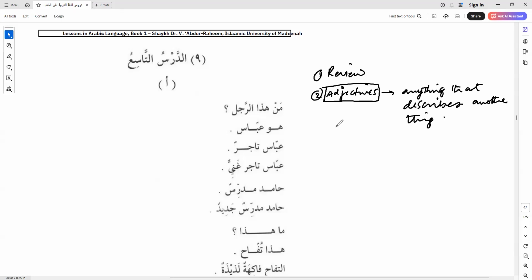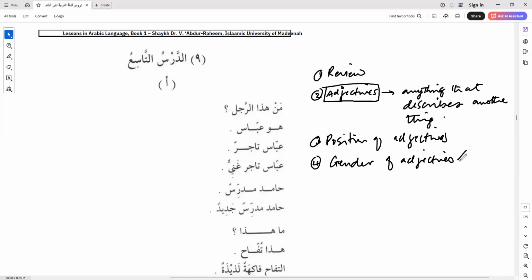So you need to be very careful, especially with the position of adjectives in Arabic, and we're going to learn this. And then we also have to get to know the gender of adjectives in Arabic.